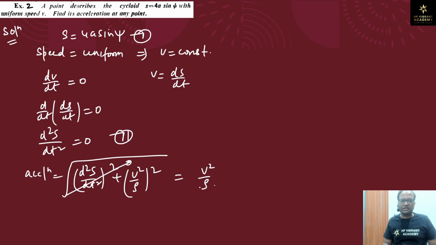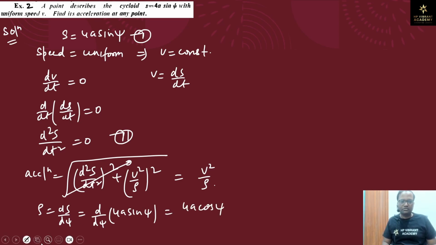Okay, so we can write rho is equal to ds upon d psi. Find the acceleration at any point. So rho is equal to ds upon d psi. This is equal to d upon d psi of s, where s is equal to 4a sin psi. So we can write this as 4a cos psi. So rho is equal to 4a cos psi.